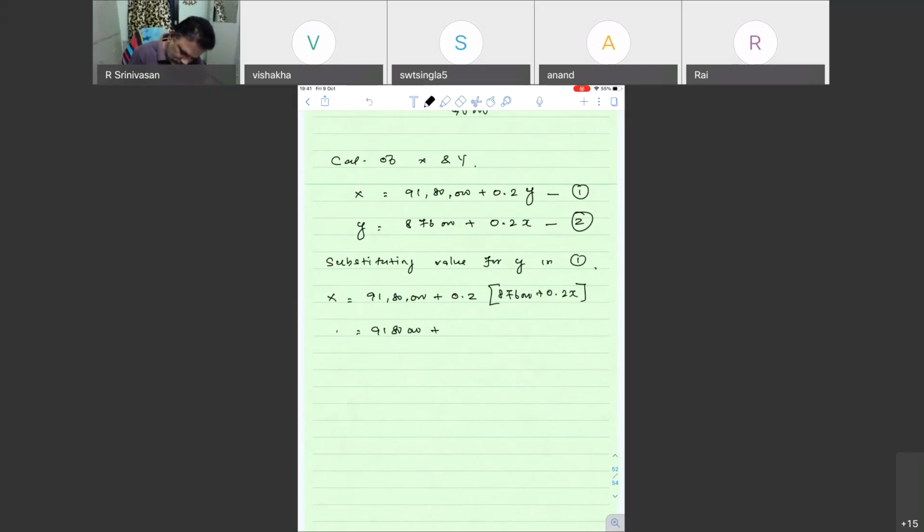So 1,75,200 plus... X is 93 lakhs 55,200, so it will be 93 lakhs 55,200 divided by 0.96.